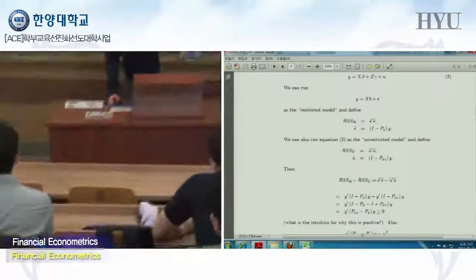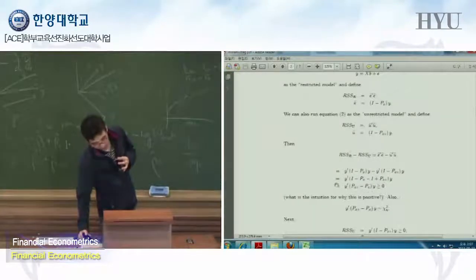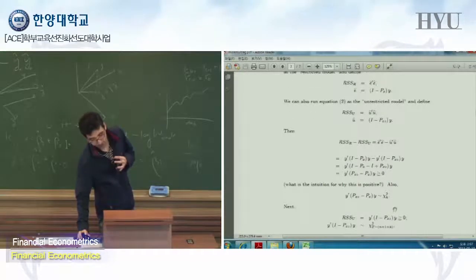So, okay, that's our intuition. The distribution of y prime (P_xz minus P_x) y follows a chi-square distribution.